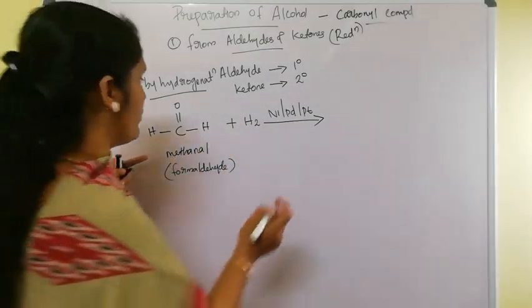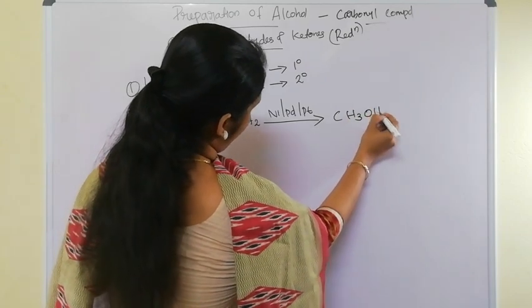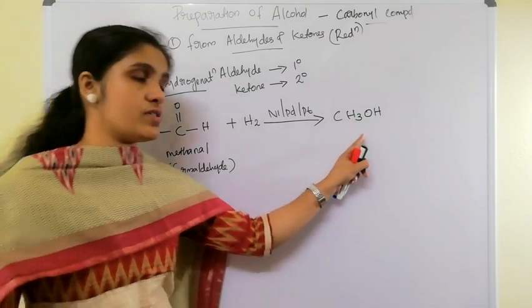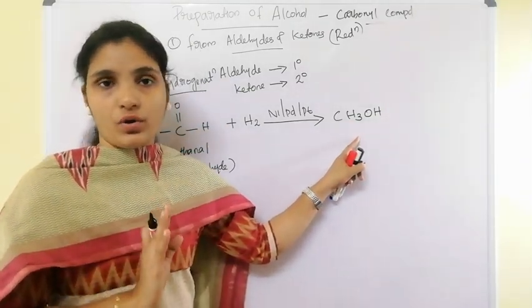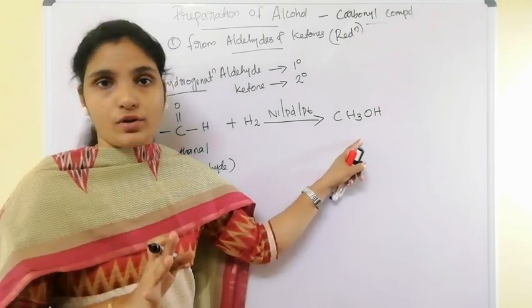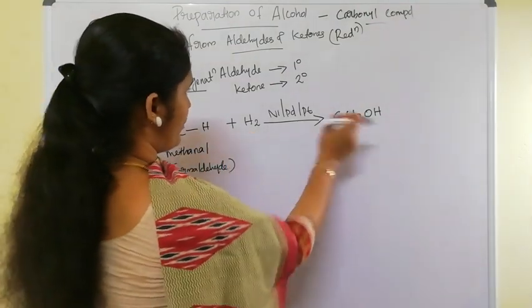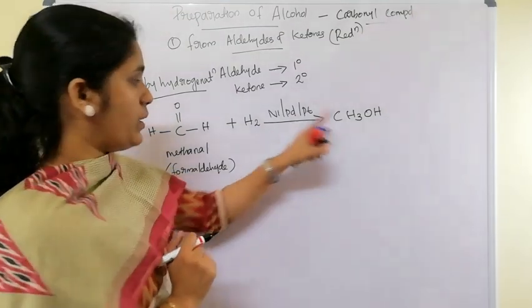So here we will get CH3OH as the alcohol. CH3OH, methanol, is considered a primary alcohol. So remember, formaldehyde on hydrogenation we will get what? Methanol as the product.